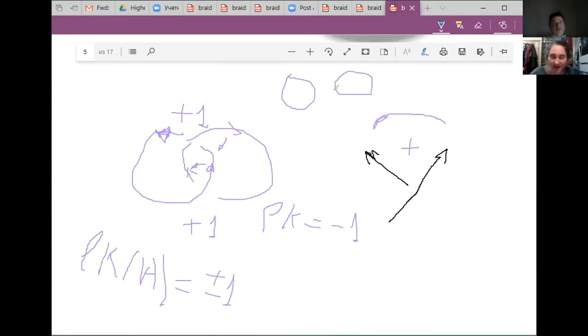The linking number of the unlinked circles is equal to 0, and the linking number of these circles is plus or -1. So the linking number serves at least for something. Okay? Questions? Rafael, remarks? No, it's okay. Very good.